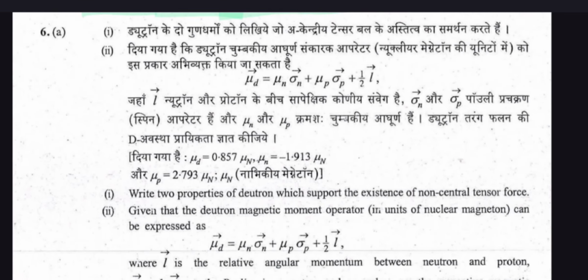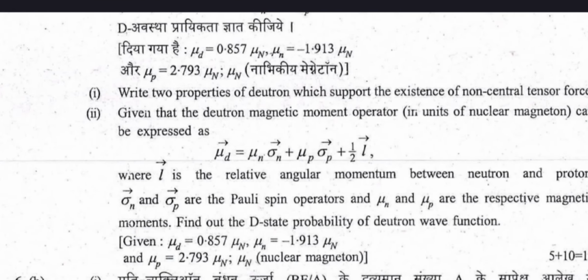And question number 6a, here you see: write the property of the deuteron which supports the existence of a non-central tensor force.